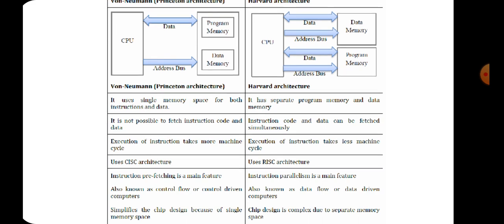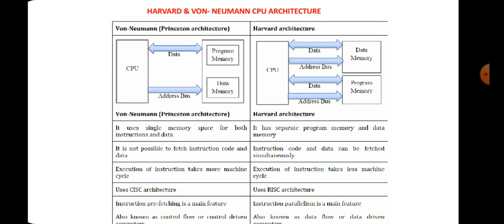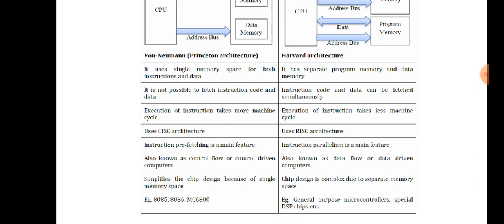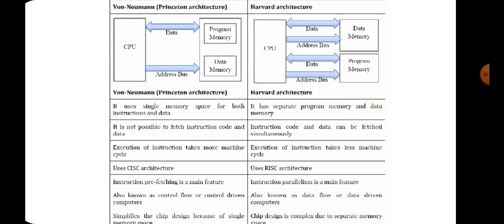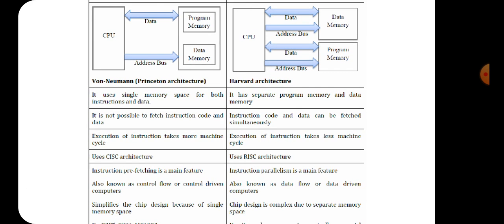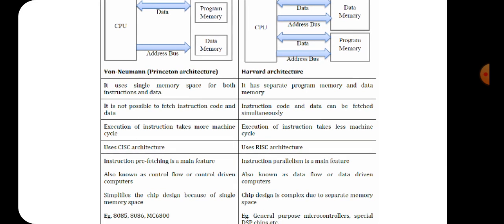So Von Neumann uses the CISC architecture, whereas Harvard uses the RISC architecture. In Von Neumann, instruction prefetching is a main feature, whereas in Harvard, instruction parallelism is a main feature, meaning the instructions are executed in parallel.